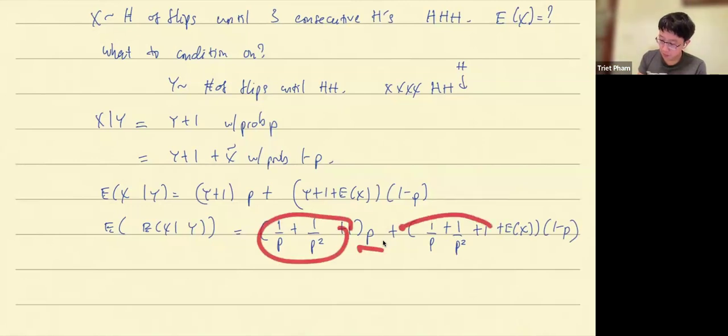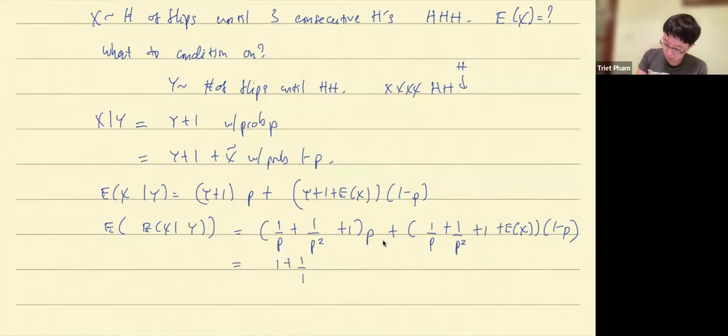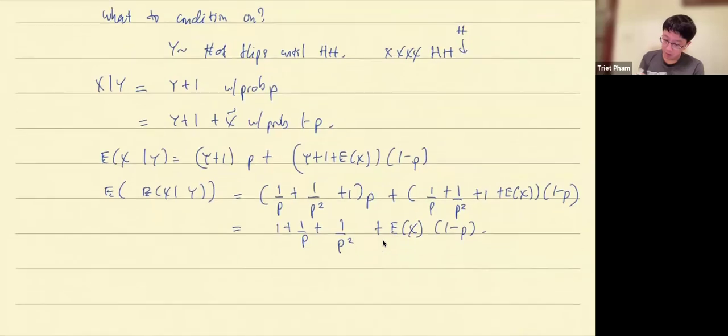This is this times p, this times 1 minus p. Therefore, it's just 1 plus 1 over p plus p squared, and then plus expectation of X times 1 minus p. And then of course write the left-hand side, expectation of X, and subtract.